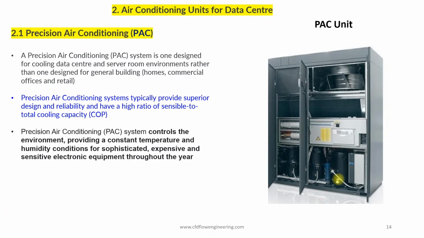Precision air conditioning is one of the popularly used RAC units for data center. It controls the temperature and humidity. It also removes a large sensible heat generated due to machines, and it is designed to provide a high ratio of sensible to total cooling capacity.